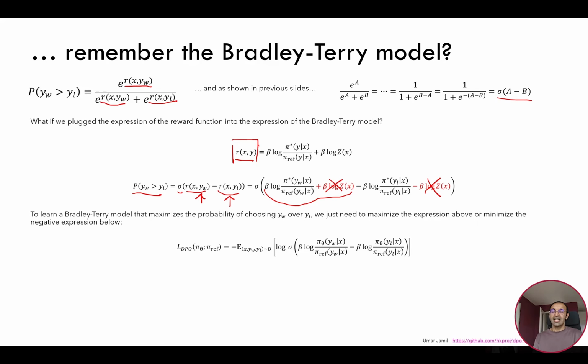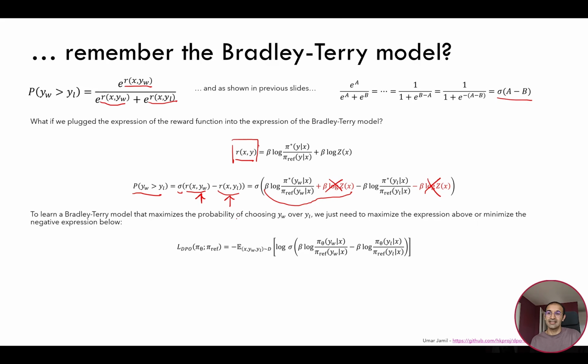So, basically, if we use the loss of the Bradley-Terry model, which, as you remember, allows us to train a language model to model the reward, and in which the reward is expressed with respect to the optimal policy, we can use it to optimize the policy to adhere implicitly to the reward model according to the Bradley-Terry model.